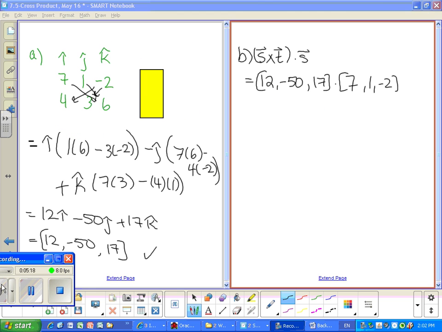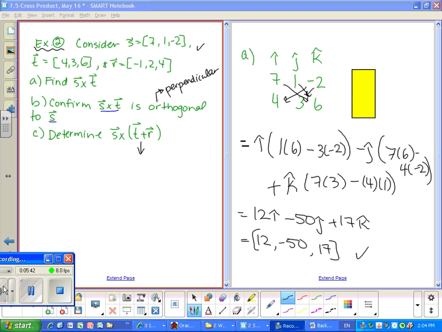So we're finding the dot product of those two vectors. And if it equals 0, that will prove that it's perpendicular or orthogonal. So you should get 0. And that makes sense, right? We just did the cross product of s and t, which gives us a perpendicular one. Well, if it's perpendicular to s and t, if we are trying to see if it's perpendicular to just s, will it still be perpendicular? Yep.